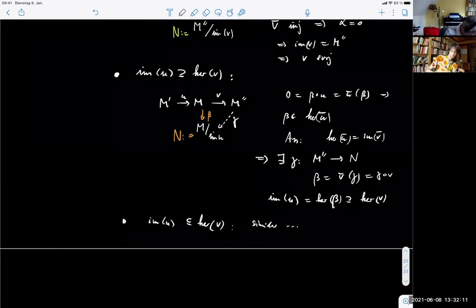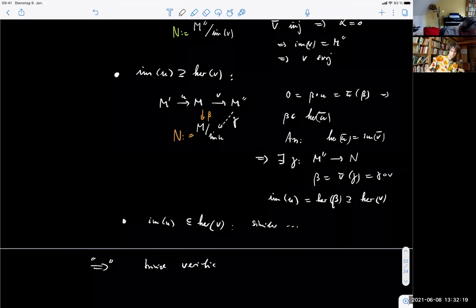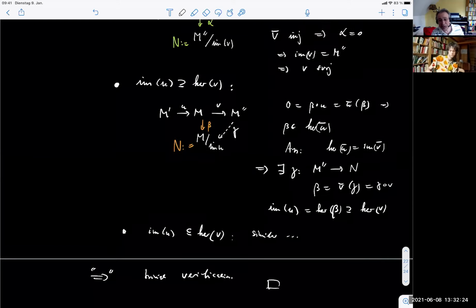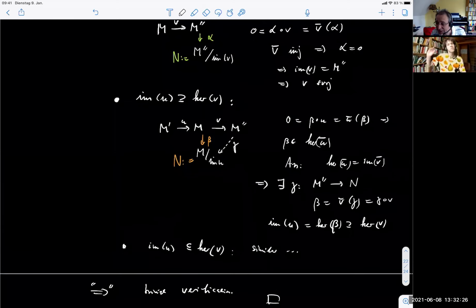And finally, this inclusion from right to left is also a trivial verification. So somehow I have the feeling from these proofs, the only thing that you learn is that it is true. You don't see what the idea is. But okay, this is homological algebra, by the way, but it's just the very beginning of it.